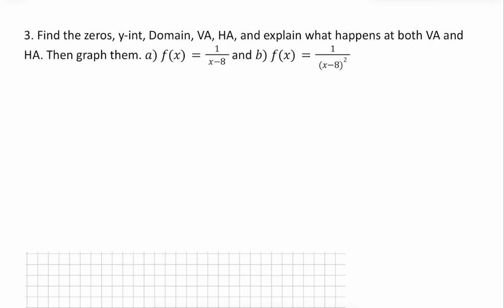Before we do any of that, I just want to remind you that our parent function, the reciprocal function, 1 over x, has a vertical asymptote at 0, where 0 is undefined, and has a horizontal asymptote at 0. Remember, if the x in our denominator has the higher power, it's always going to head to 0 on the ends. There's a swoop here and a swoop here. Okay, so always keep that in mind.